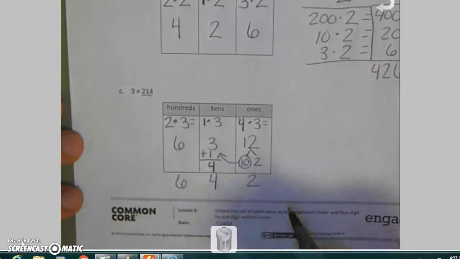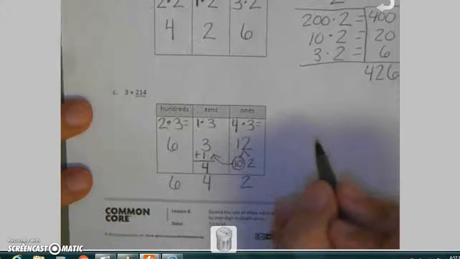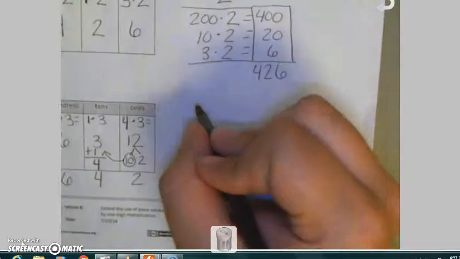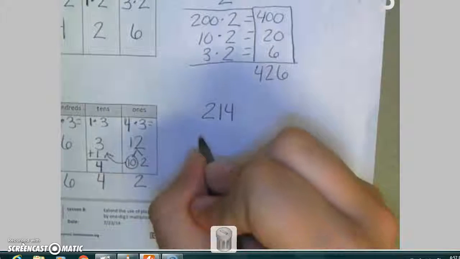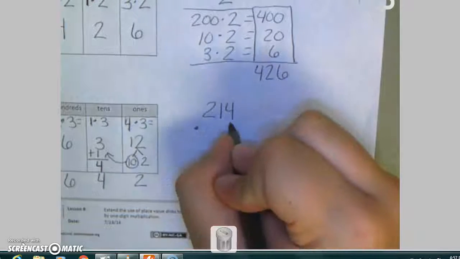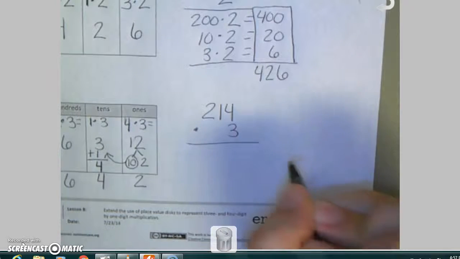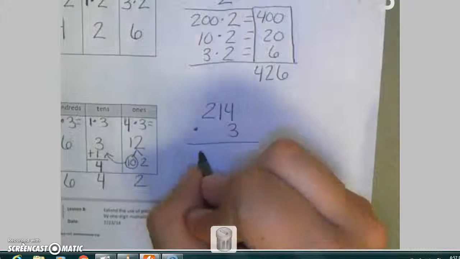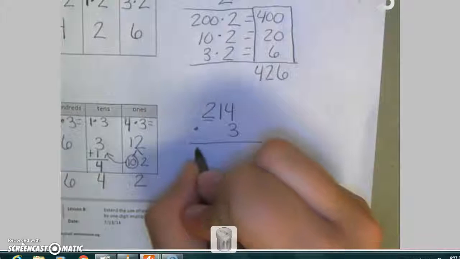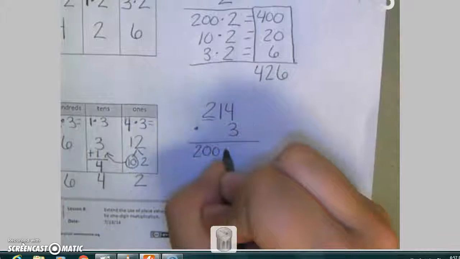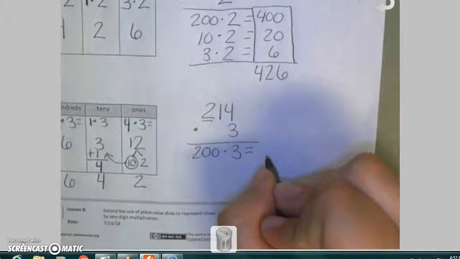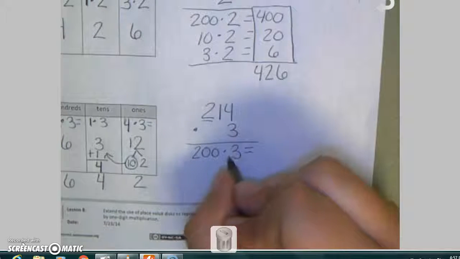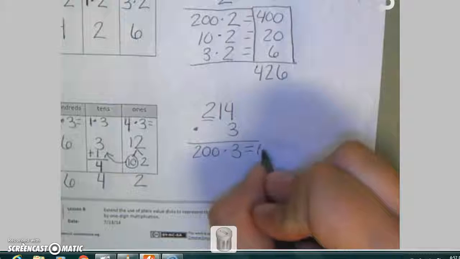What this looks like if I do the partial products and decompose the number: 214 times 3. Again, I'm going to break apart this number. That's 200 times 3, which now we can kind of do in our head. 200 times 3 we know is 600.